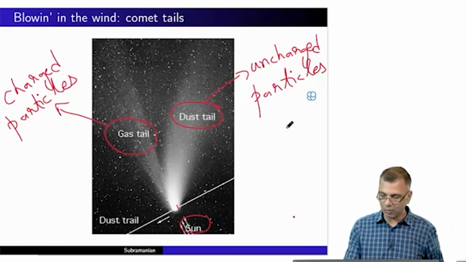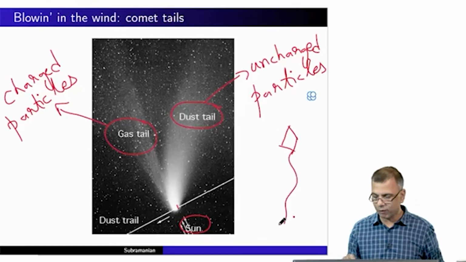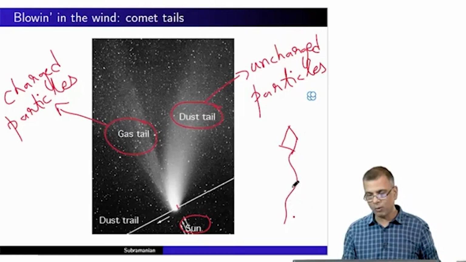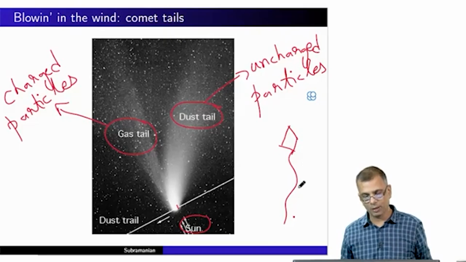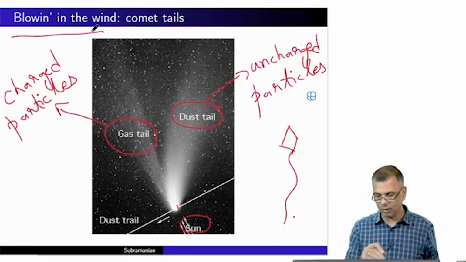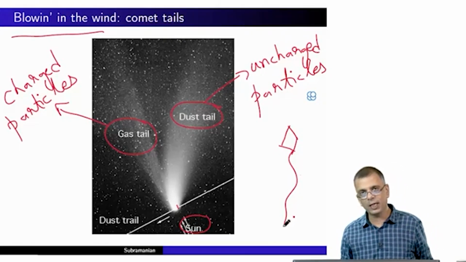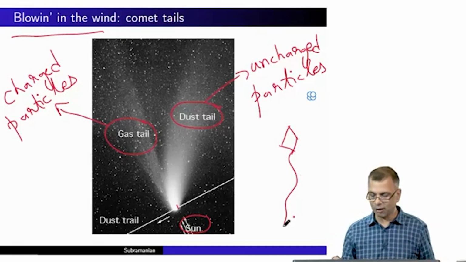It's somewhat like a kite. You remember when you fly kites and you have the tail of your kite? The tail of your kite always blows in the wind like this, as an indicator of the wind direction.